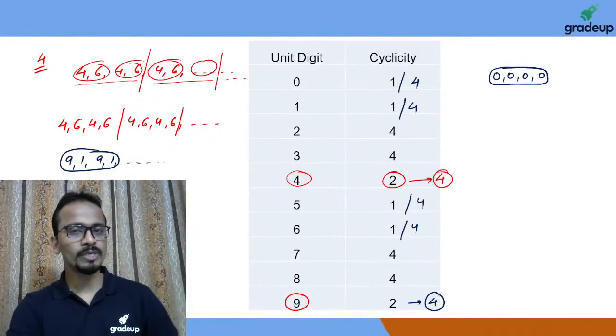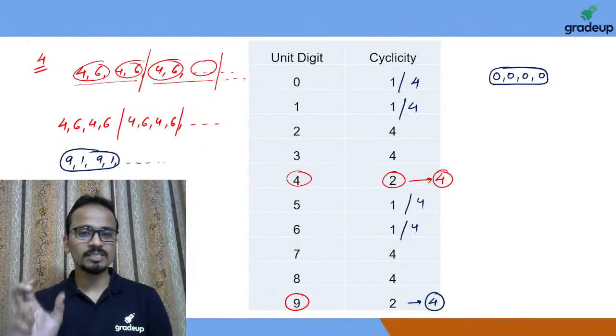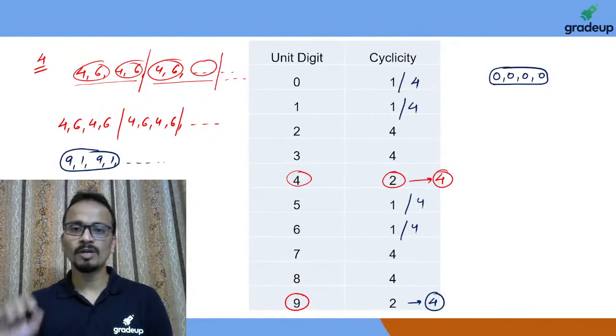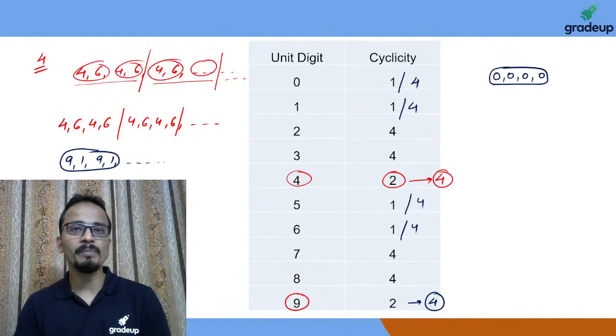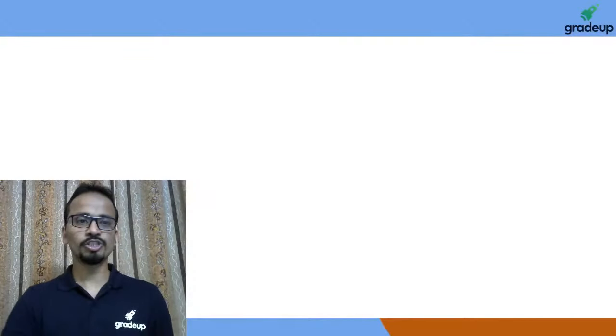So what you need to do is, whenever you have a question, as the first step, divide the power by 4 and write the remainder. This step will remain constant in every case. So let's take a question.